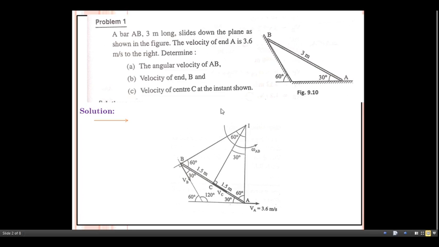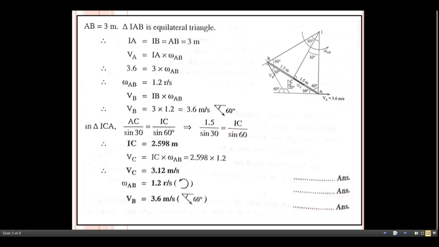Now my task here, if you just see the velocity of end B, we already got the magnitude for the same, then the angular velocity we have calculated. My next task is to get the velocity of the center C. Here is that C point with us. Now to get the velocity at point C, we need the distance IC.